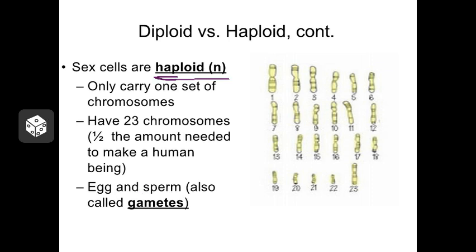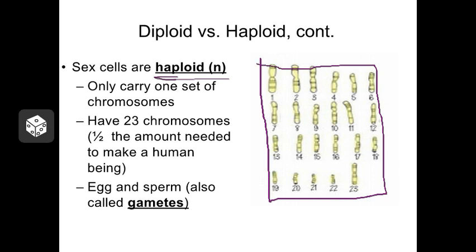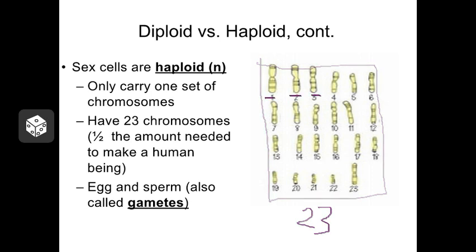That means that if we took an egg cell or a sperm cell and cracked it open and made a karyotype out of its chromosomes, it might look like this. Notice that there are only 23 chromosomes inside this cell instead of the usual 46. There's one representative of each of the chromosome pairs. So there's still a 1, a 2, a 3, all the way down to pair 22, and there's a sex chromosome as well. One representative of each homologous pair.